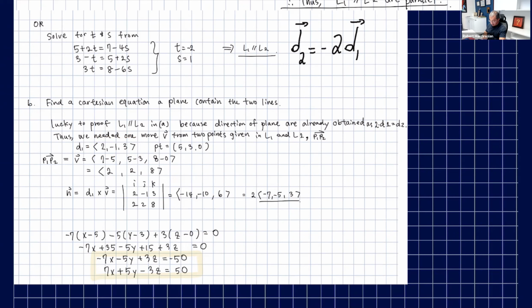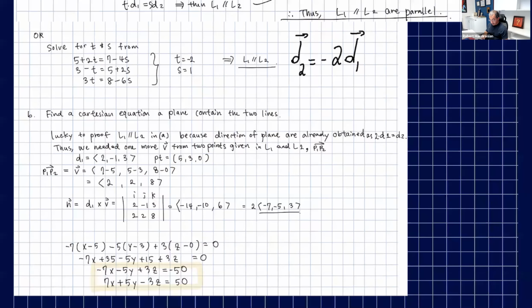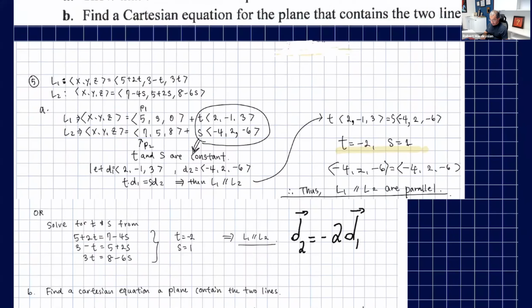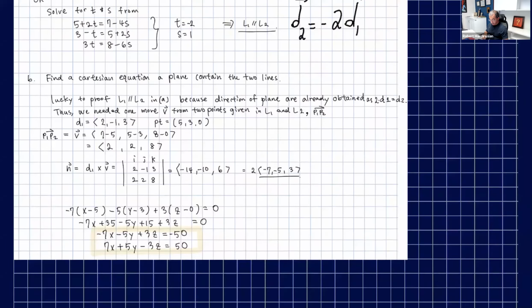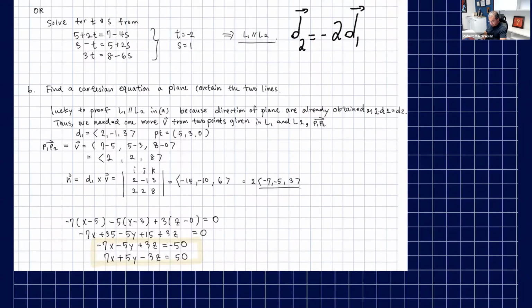For the components of that vector, you can just subtract the coordinates of the points on each line. So you get 7 minus 5, 5 minus 3, 8 minus 0. If you do that, you get (2, 2, 8).